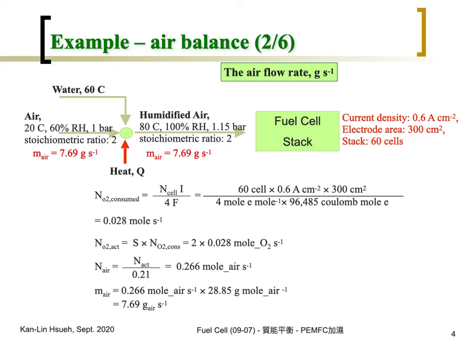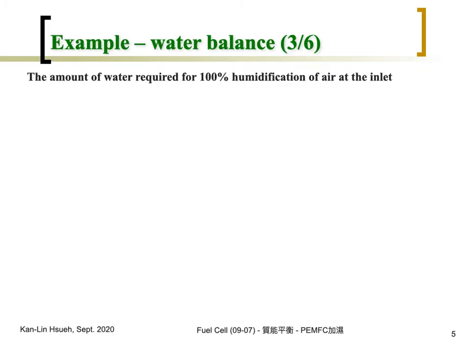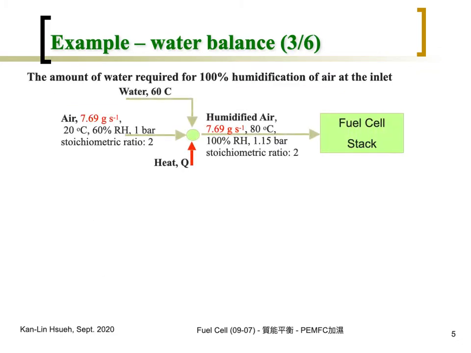Next, we're going to calculate the amount of water required. We already know the dry air flow rate is 7.69 grams per second; I mark it in red. Now, whatever comes in, we need to calculate what amount of water needs to be added.